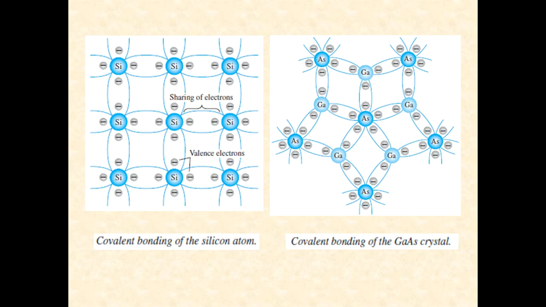Okay, so this slide gives us some information about the covalent bonding involved in a silicon atom and also in gallium arsenide crystals. If you carefully observe, each and every silicon atom covalently bonds with 4 other silicon atoms. Let me consider the central silicon atom.